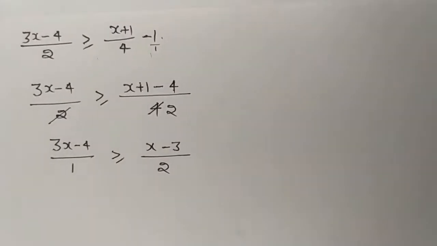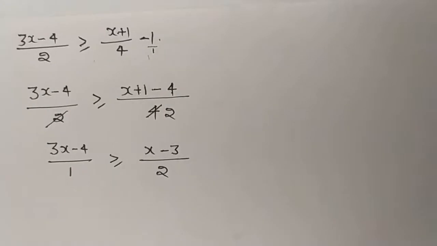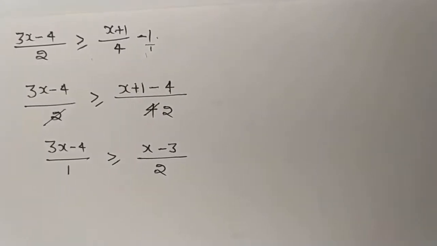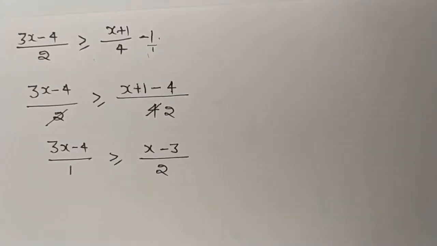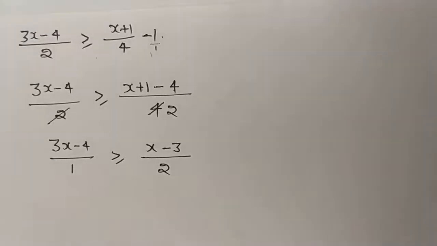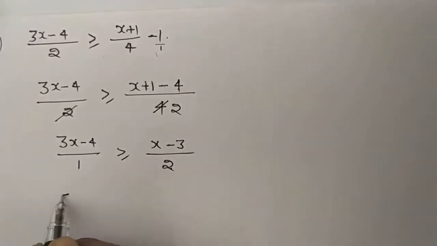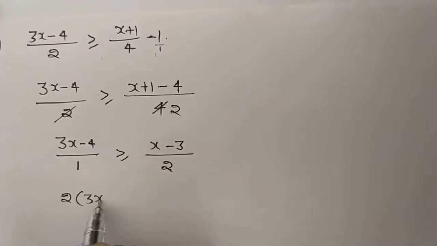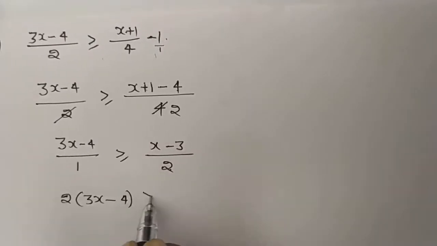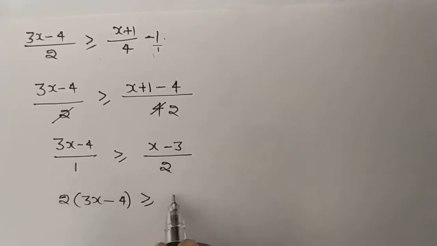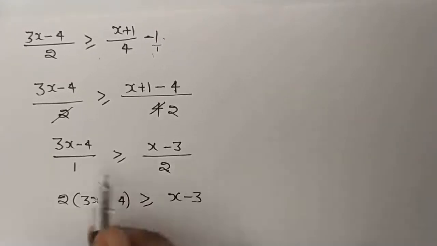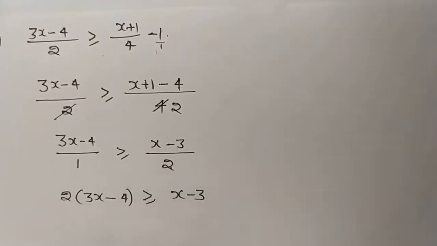Now you can take a cross multiplication. 2 into (3x minus 4) is greater than or equal to 1 into (x minus 3), which is x minus 3 only.